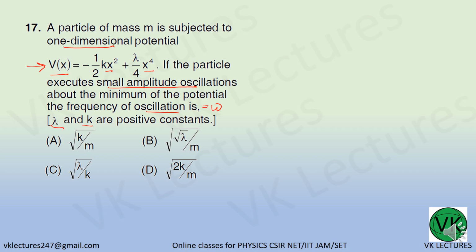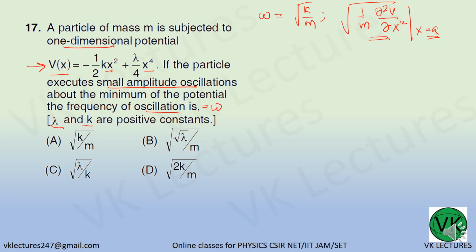Now omega is equal to the square root of k by m. That is equal to the square root of 1 by m into ∂²V/∂x² at x equal to a, where a is a stable point. This is what we require.